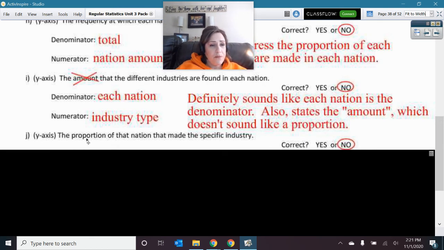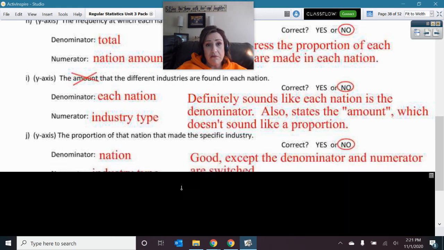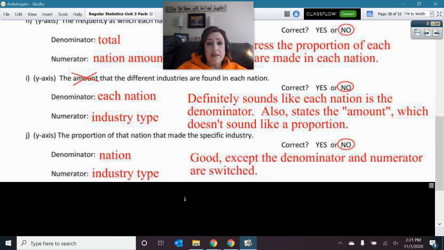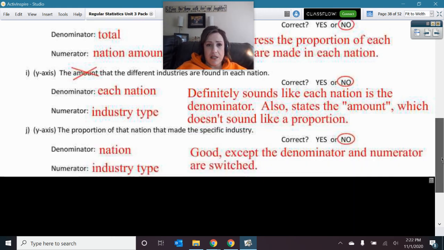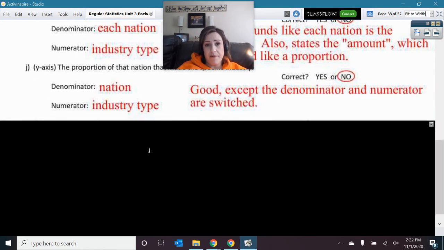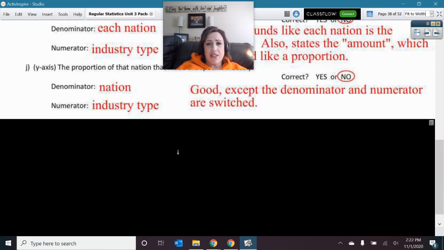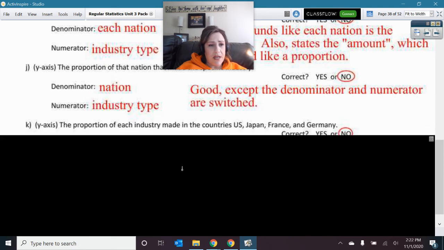Okay, how about this one? The proportion of that nation that made that specific industry. Again, that sounds like the proportion of Germany's products that are automobiles. So they switched the numerator and the denominator. Here's another y-axis interpretation.